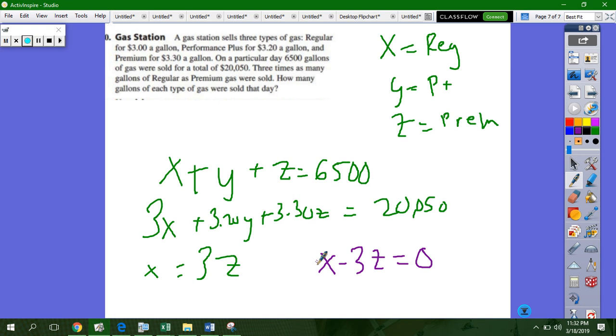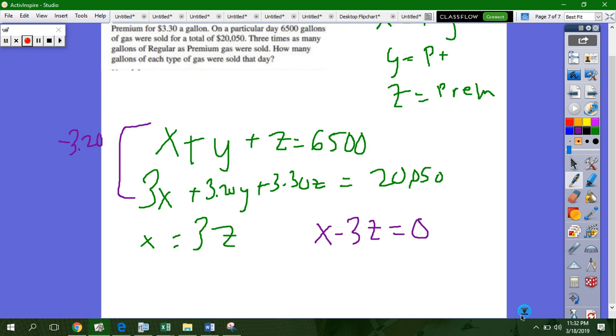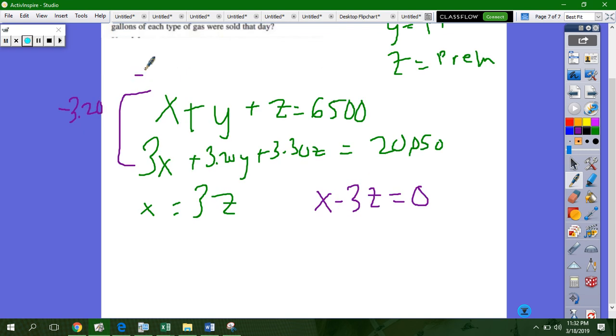What's nice about this is between these two, I'm going to go ahead and eliminate the y, because down here, the y is already eliminated. So therefore, I'm going to times this top here by negative 320. Okay, here's the work. I get negative 320x, negative 320y, negative 320z.